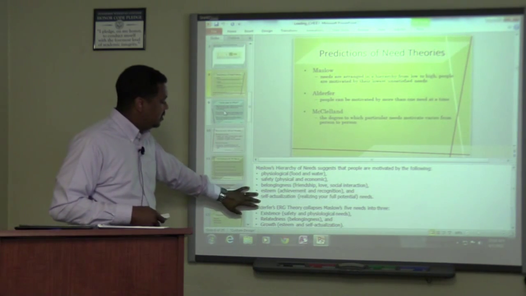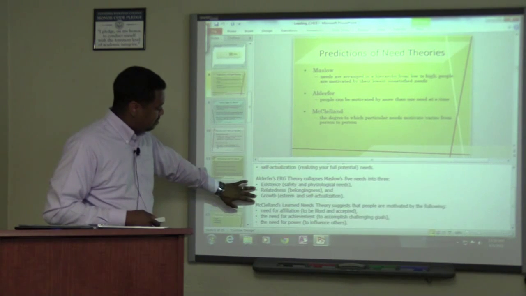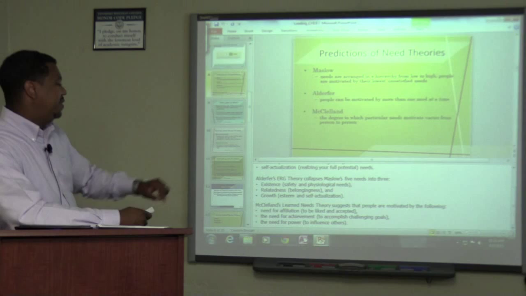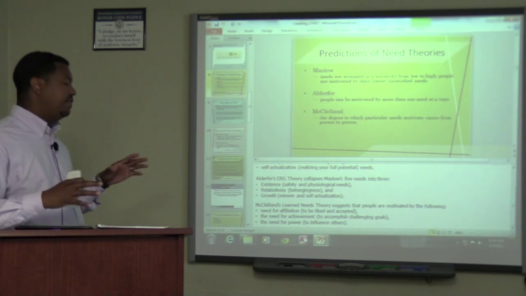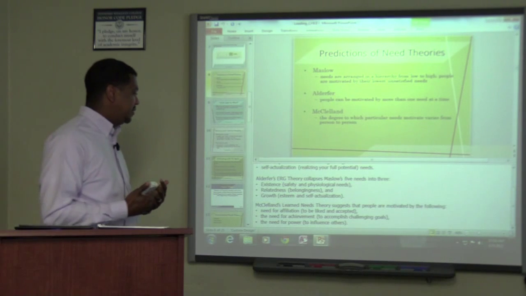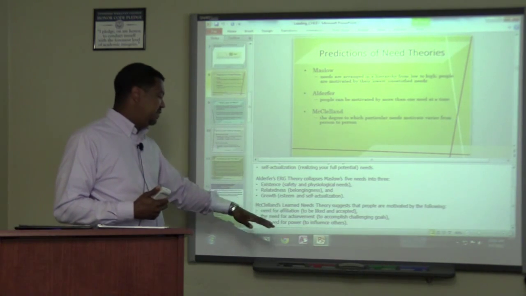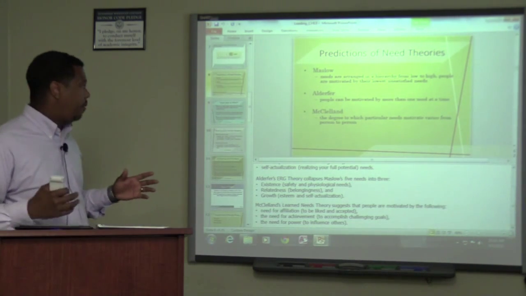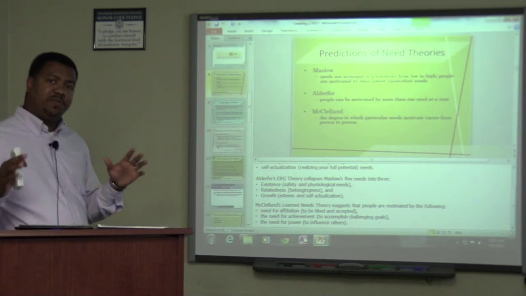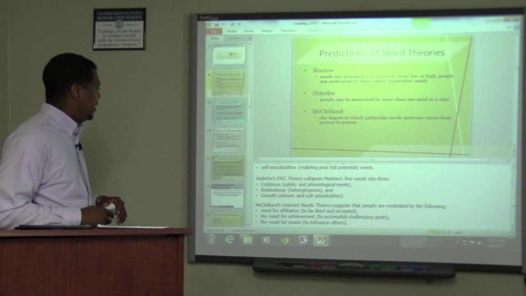And then finally, McClelland's learning theory indicates that individuals have these needs not necessarily based upon hierarchy, but based upon affiliation, achievement, as well as power, and that they can change depending upon what state or disposition they are in within the organization.